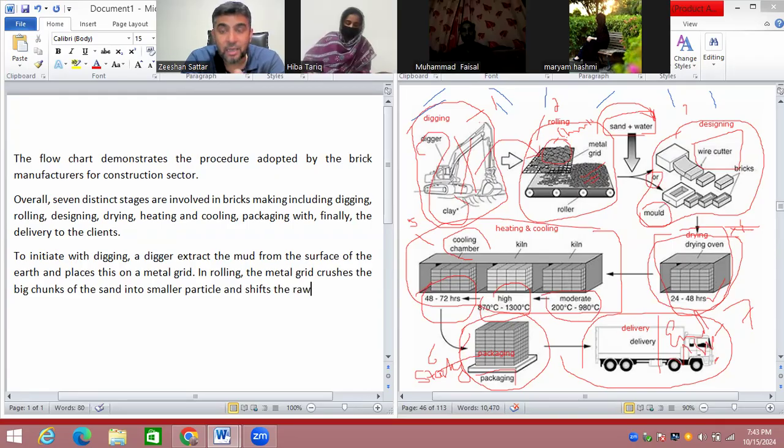Now I'm connecting the rolling stage with designing.